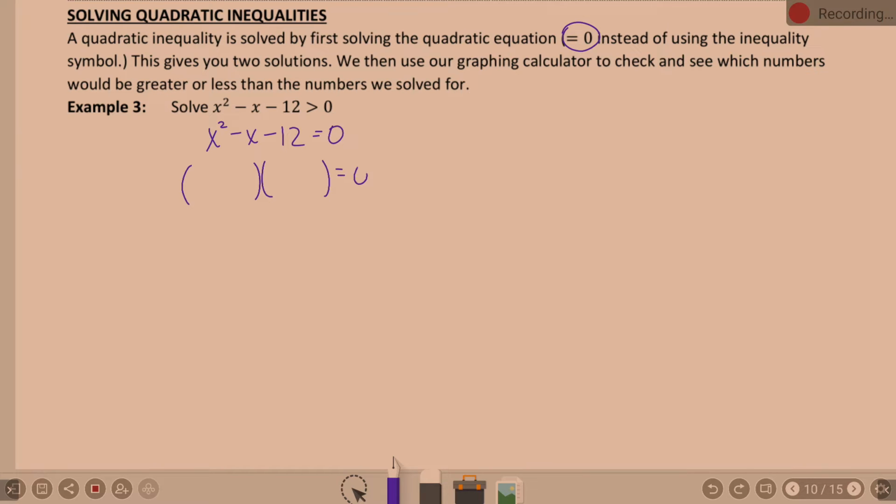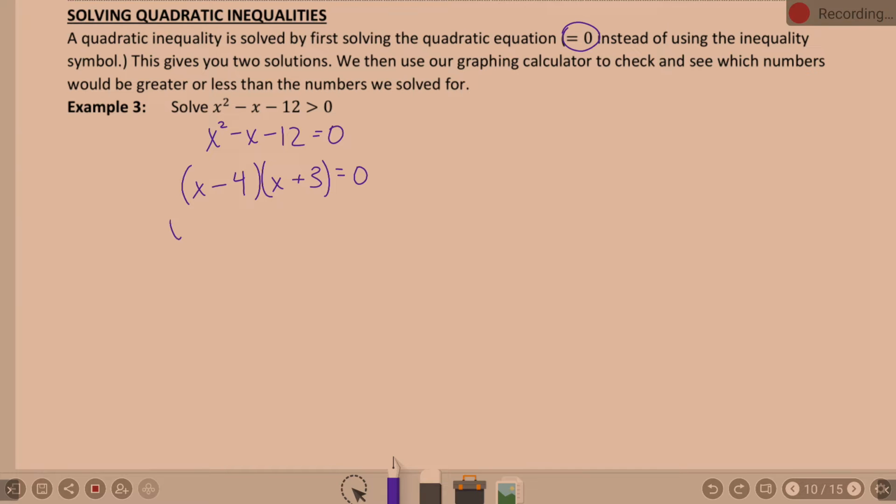Two parentheses. X squared breaks into x and x. My other numbers need to add to -1 and multiply to -12. So what multiplies to be -12 and adds to be -1? -4, +3.